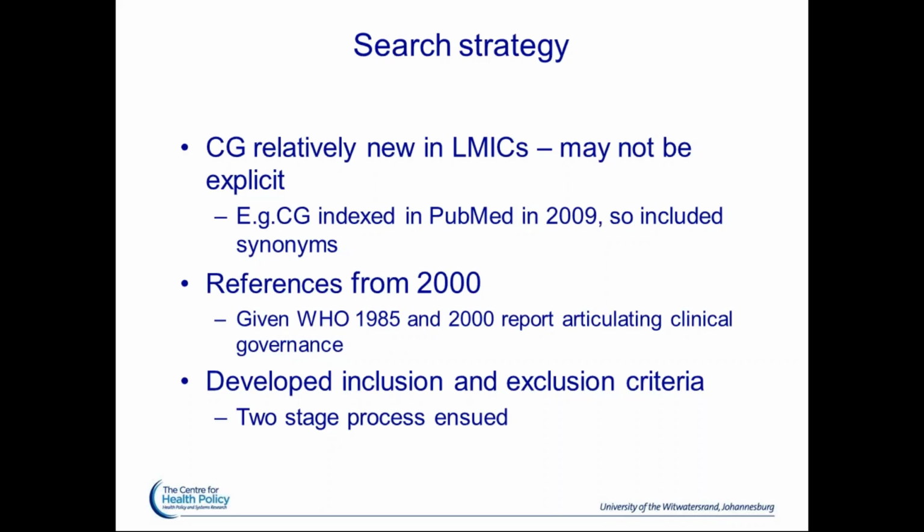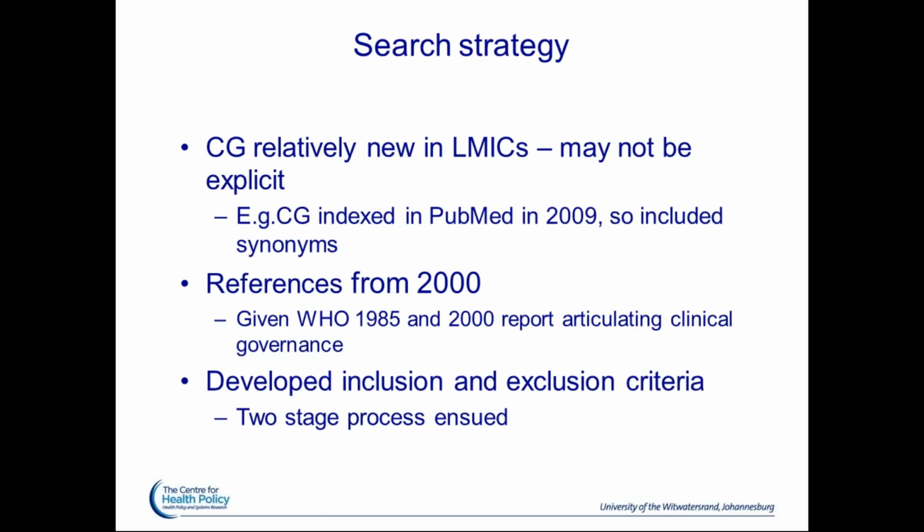So we needed to include synonyms like quality improvement, total quality improvement, quality assurance, and some other synonyms. We also needed to start our search from 2000, because that was the year when WHO articulated clinical governance as a priority.